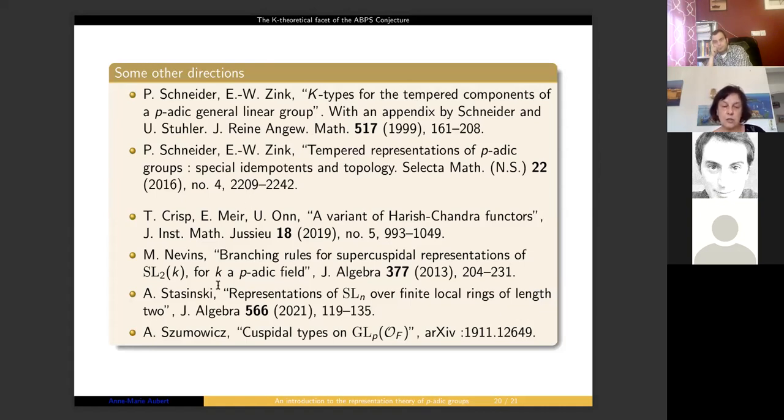And a different direction is, until now, we have only seen one case, which is the case of Iwahori representation with Iwahori fixed vectors. But this is a very special case. We have more situations when you replace, for instance, the Iwahori subgroup by a more general group, a parahoric subgroup.